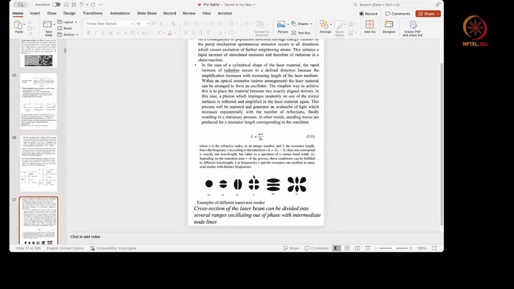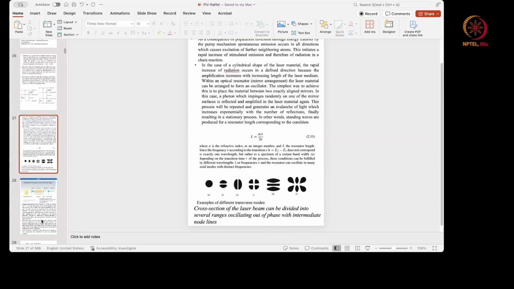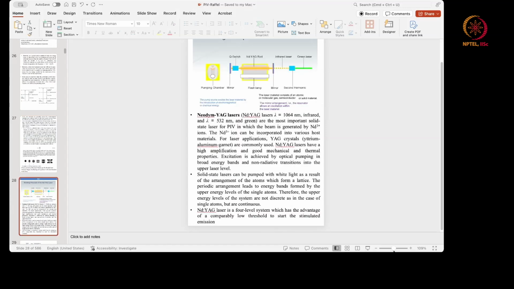So this is a cross section of the laser beam that can be divided into several ranges. This is TEM00, and then you can go higher and higher. These are the cross sections of the laser beam, and this is because of oscillation of out of phase oscillations.